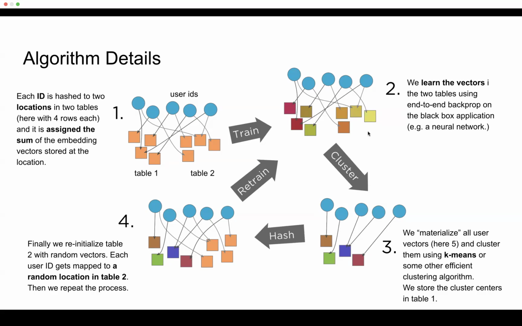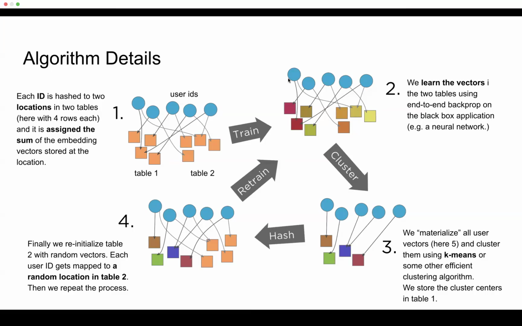But then the interesting part comes, which is that now we're going to cluster. Now we're going to apply clustering because now we actually have some idea of similarities. So at least in the simple version of the algorithm, we would now actually materialize all of the vectors for the concepts.